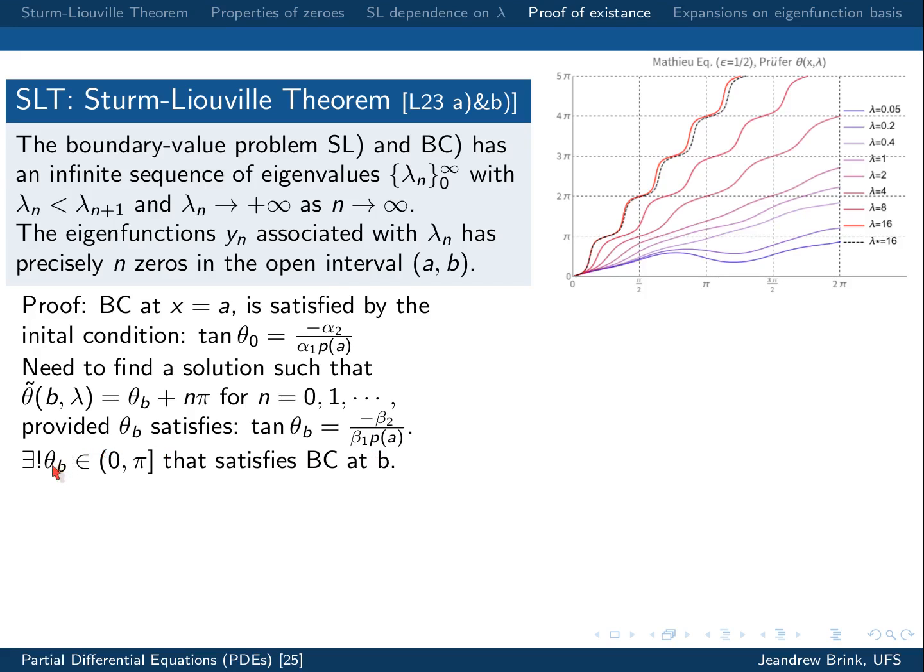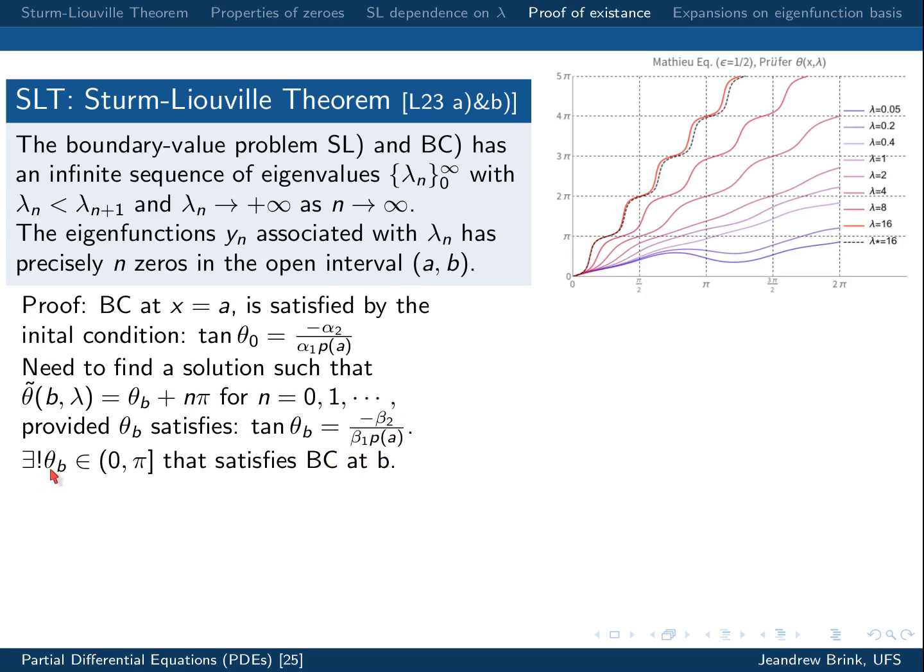Okay, now the way the proof goes is we can always solve this equation provided you get the correct one with b over there, and you can always find a theta b in 0 pi that satisfies this boundary condition, because the inverse of tan can take any value from minus infinity to infinity.